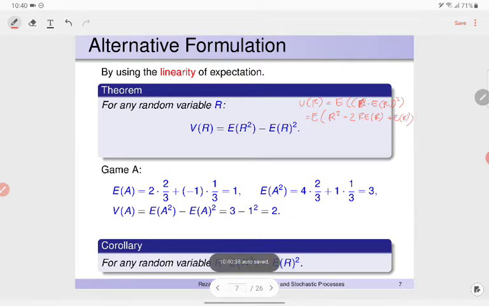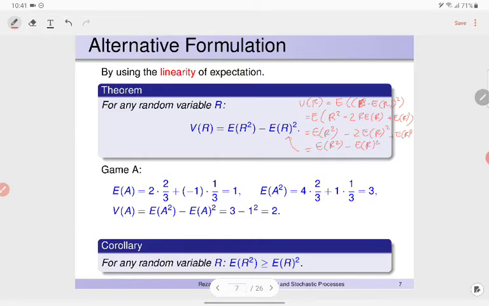So then this will be the expectation of R squared minus 2 times the expectation of R times the expectation of R, and the expectation of R is simply the expectation of R. So this will be 2 times the expectation of R squared, plus the expectation of R squared. So the final result is the expectation of R squared minus the square of the expectation of R.